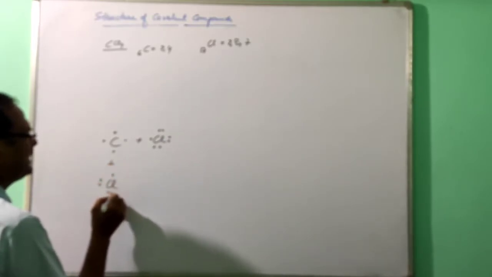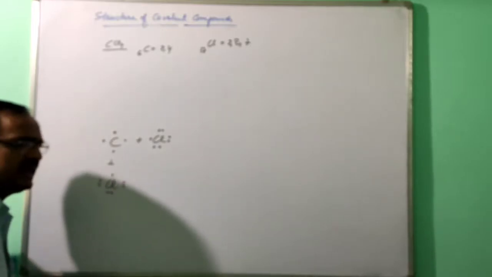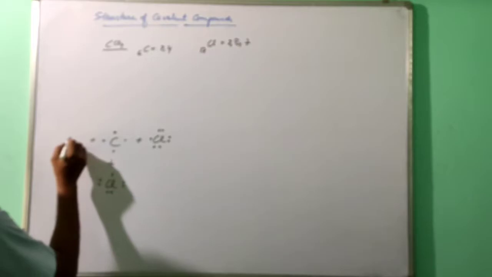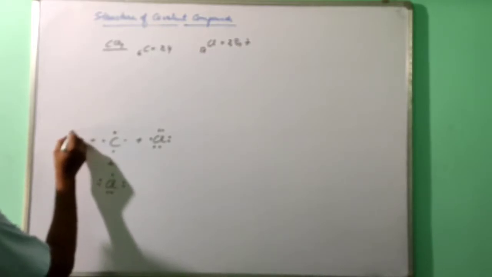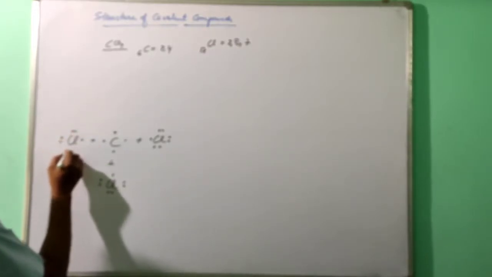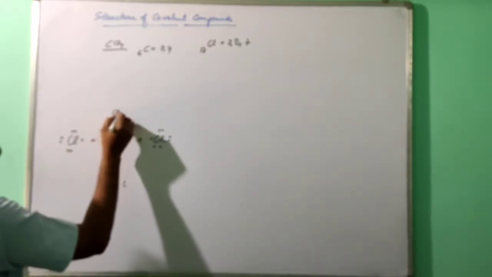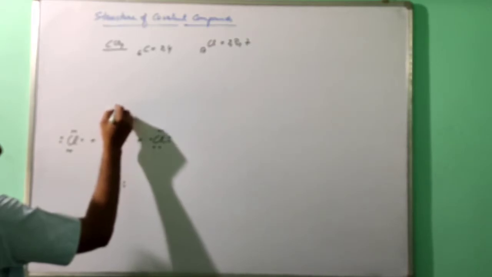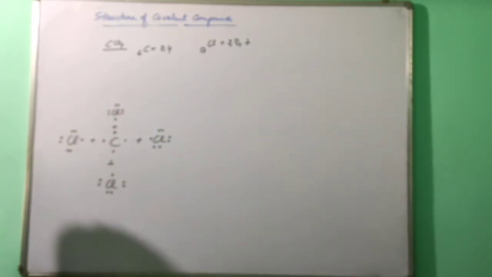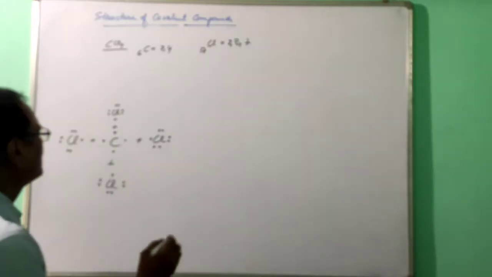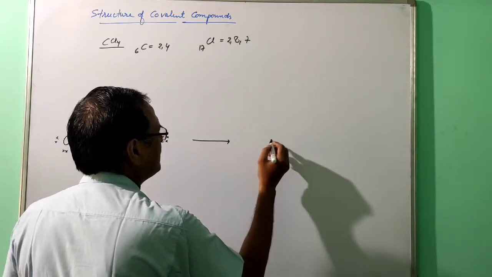Since both are different atoms, for one atom we represent the electrons by dots, and for the other atom we represent the electrons by crosses. So just to see, this pair of electrons will be shared.